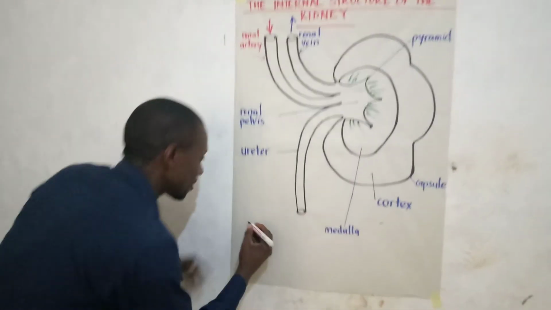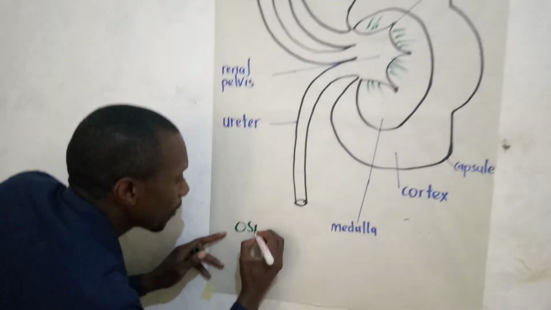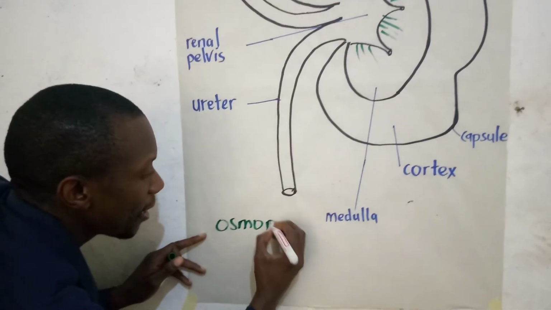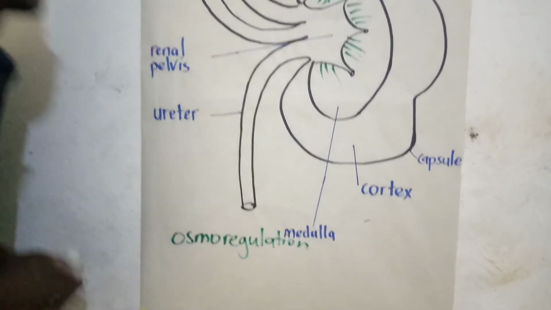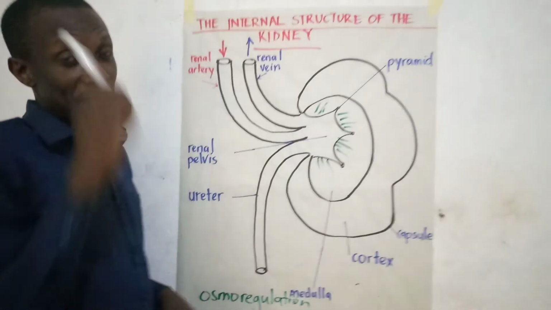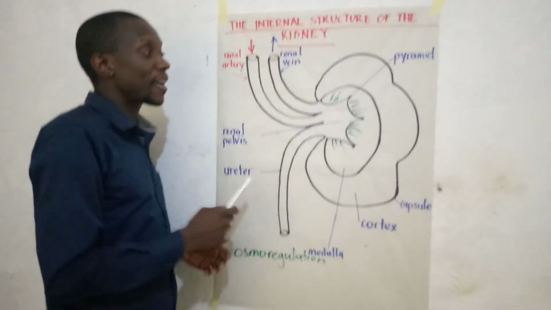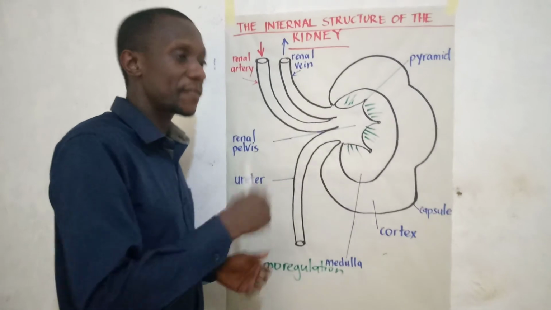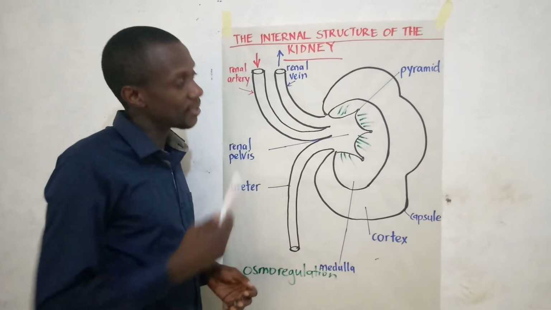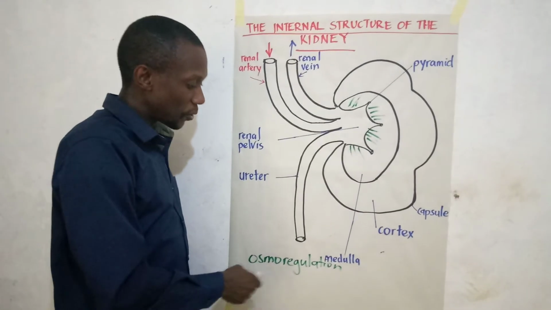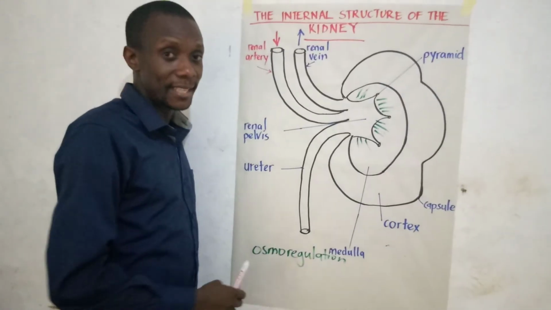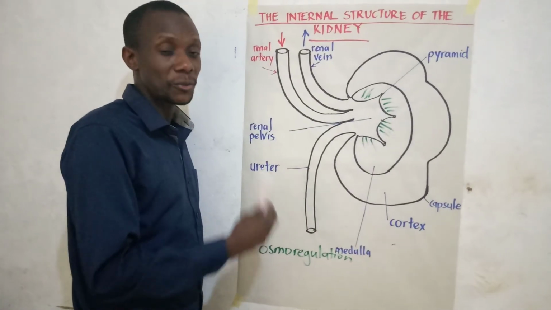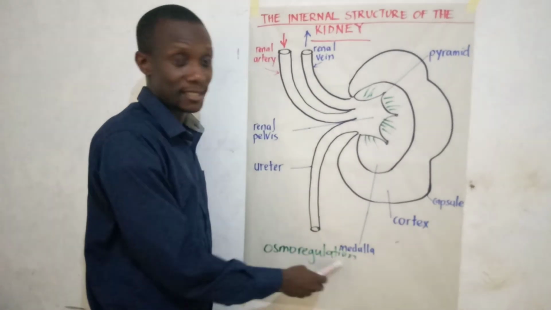Okay, let me write the spelling here. Osmoregulation. Functions of the kidneys. The first one, the kidneys purify blood by filtering it to remove the waste. And secondly, they help in osmoregulation. Osmoregulation has to do with the salt-water balance in the body, or what we would call the balance of the electrolytes in the body.